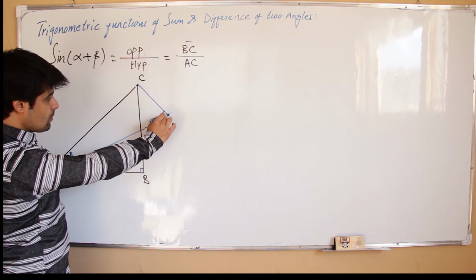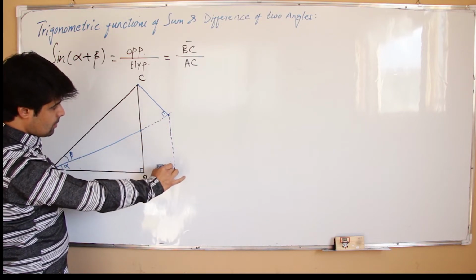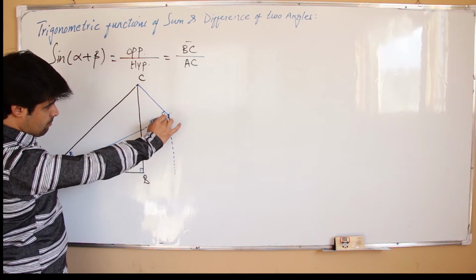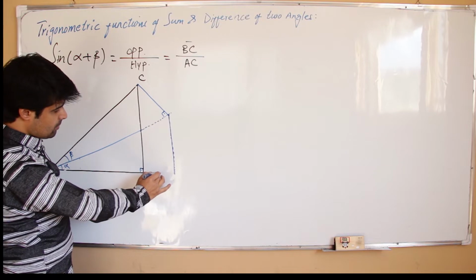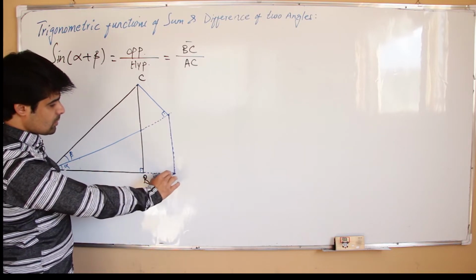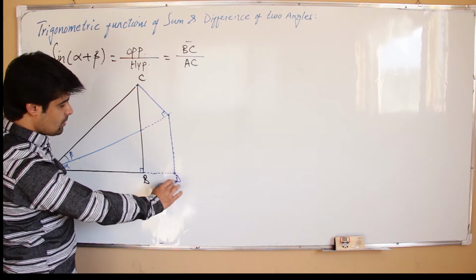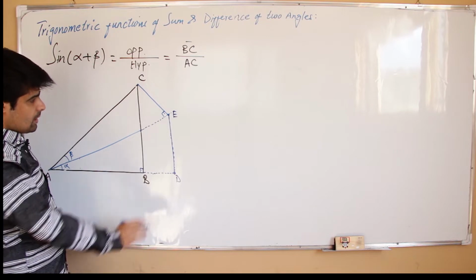So here I will draw another perpendicular line and extend this EB. Suppose this name is D, this is E. Am I right or not? Yes.